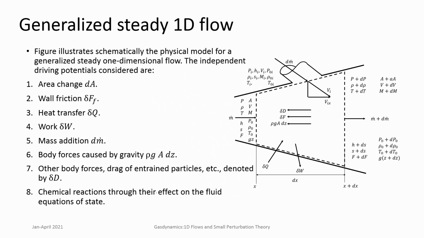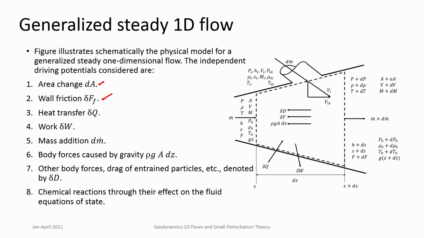So now let us look at the generalized steady 1D flow, where you can have all kinds of effects happening. One is that it is a varying area duct, so area change is happening. Then we are considering that there is wall friction, so there is a frictional force along the walls.